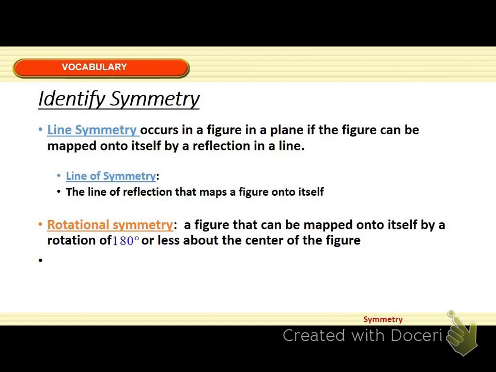That degree measure of the rotation has to be 180 degrees or less. So anything above 180 degrees no longer counts as rotational symmetry. It's kind of like cheating. Every shape you can turn 360 degrees and map it back onto itself, so that doesn't really count. We need to be 180 degrees or less to have rotational symmetry.